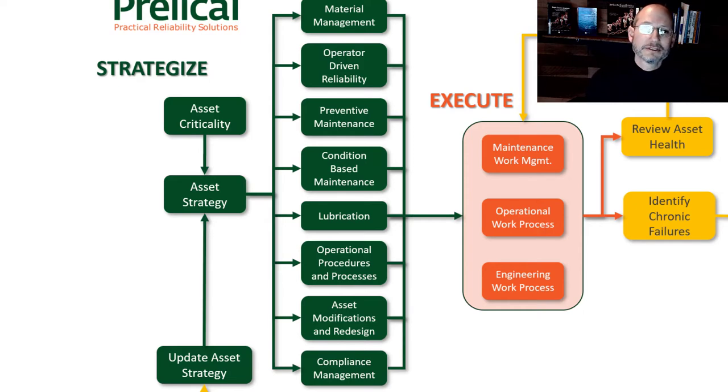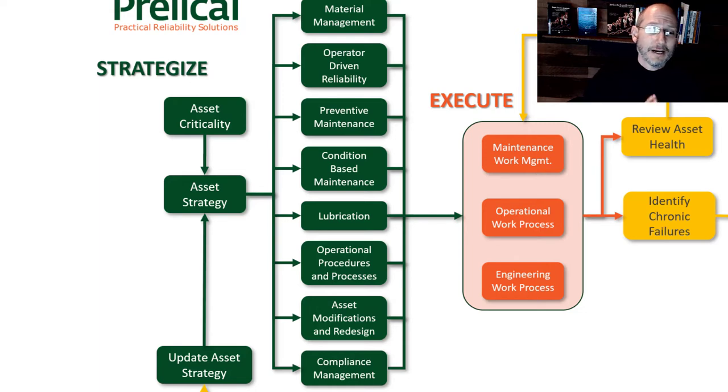For those, we do want to employ tools like RCM or FMEA to really understand what can go wrong, what the failure modes are, and what mitigating actions, schedules and implementation we'll have to do to make sure we don't have those failures and don't experience downtime.